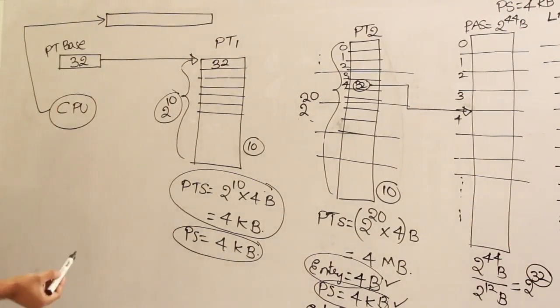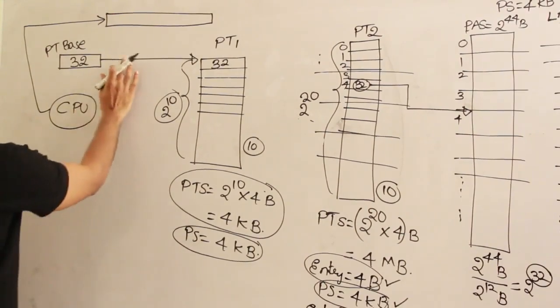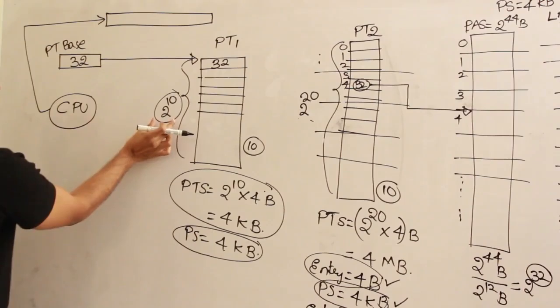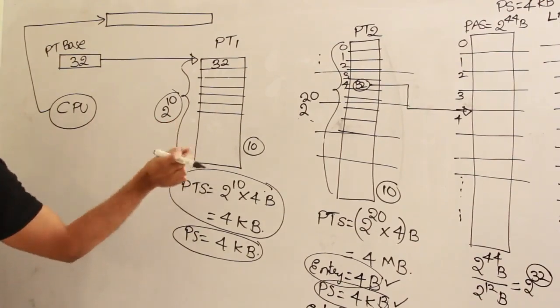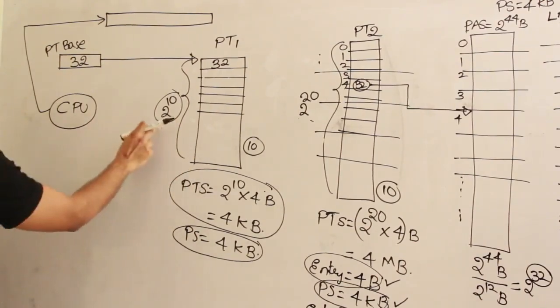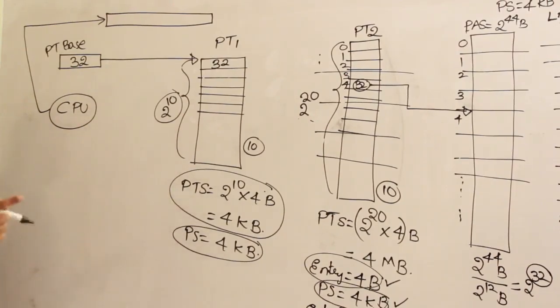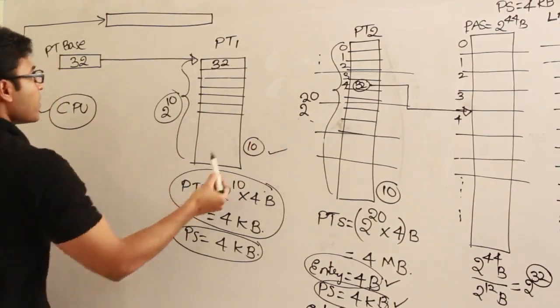So what we do is, we want to go into this outermost page table which contains 2 power 10 pages, and we want to get one entry, right? If I have 2 power 10 pages here, in order to get one page among them, how many bits are required? 10 bits are required.